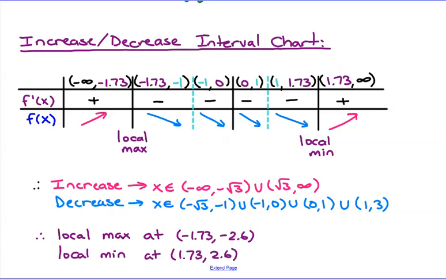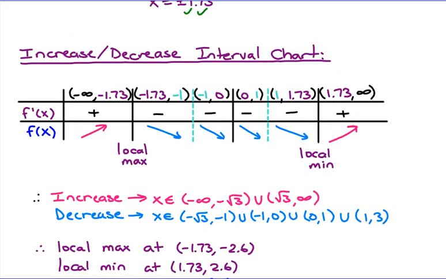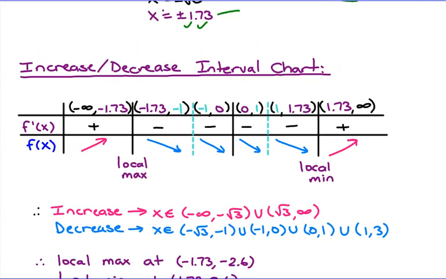Okay, so what we have here is our leftmost x critical value, which was the negative 1.73. So we're going to put that here and here. So negative infinity all the way up to our first critical number. And then we also have to add in, and we can't forget this, any of the vertical asymptotes as well. We want to see what's going on there.